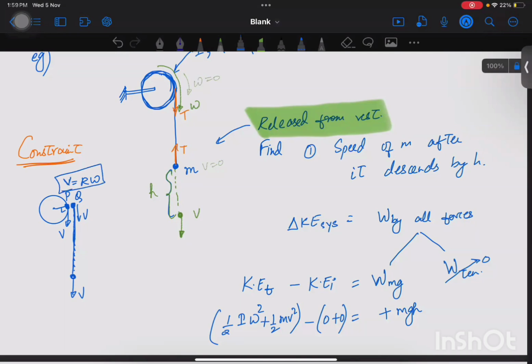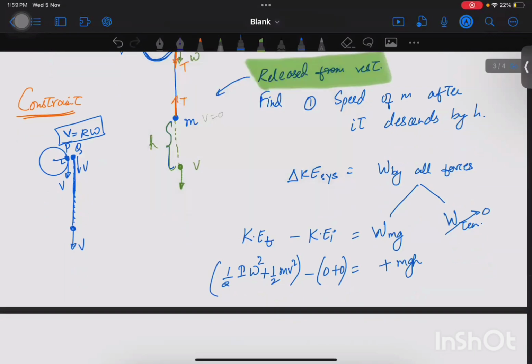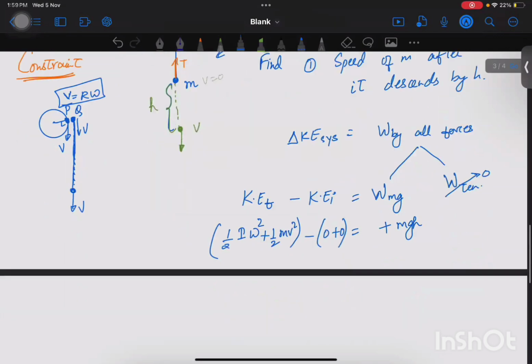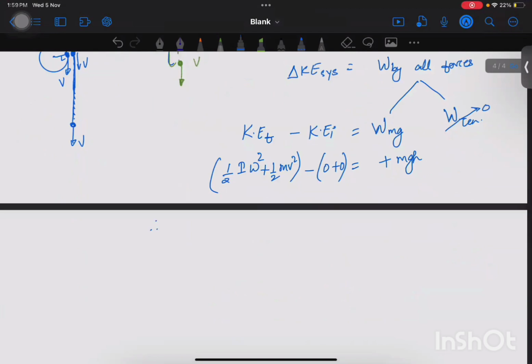So therefore, let us take this and substitute over here. Let's replace the omega over here, and we're done. So therefore, we can write half I (v by R) whole square plus half m v square is mgh. So therefore, v you can pull outside, and inside we would be having I by R square plus m.